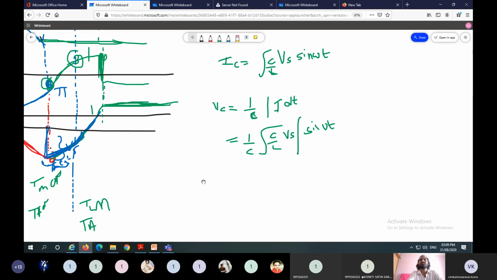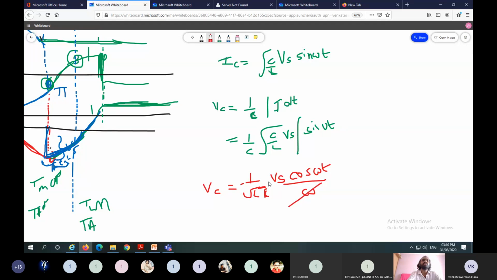The integration of sin omega t is minus cos omega t by omega, and omega means 1 by square root of LC.